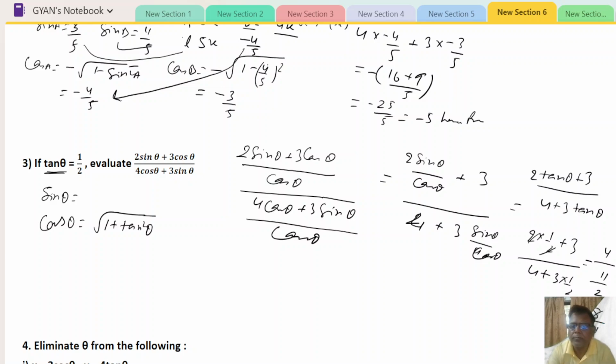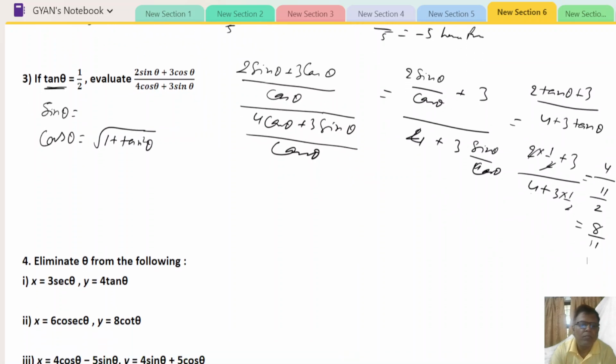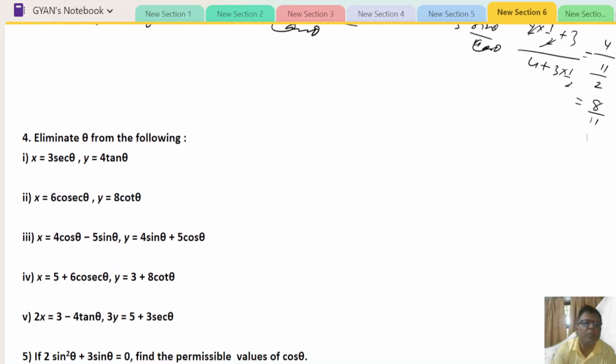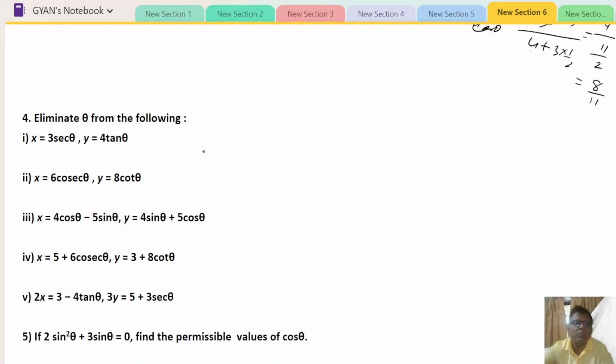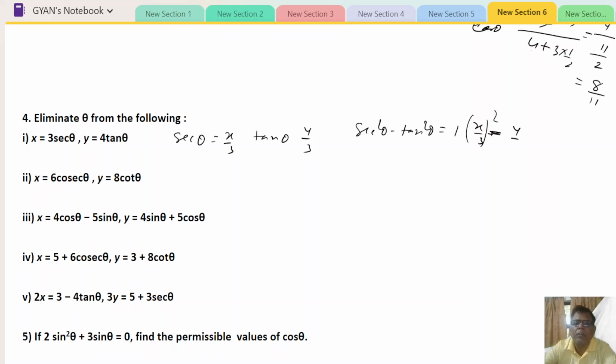Now come to the fourth question. In the fourth question, you have to eliminate. So elimination is very easy. Sec theta is equal to x by 3, tan theta is equal to y by 3. Then use sec square theta minus tan square theta is equal to 1. Then x by 3 the whole square minus y by 3 the whole square is equal to 1.